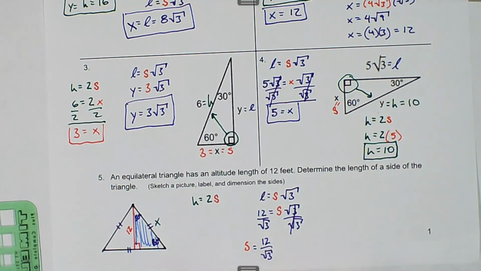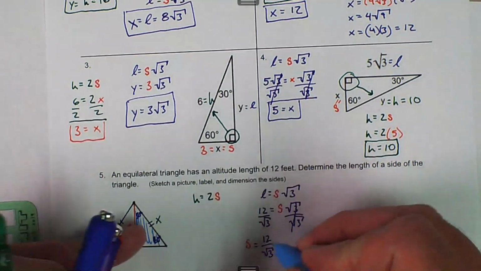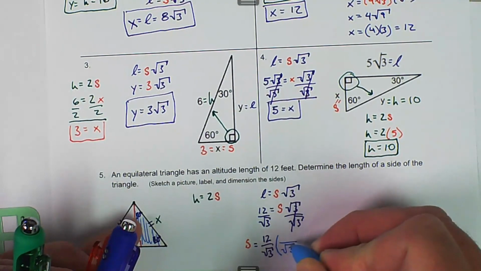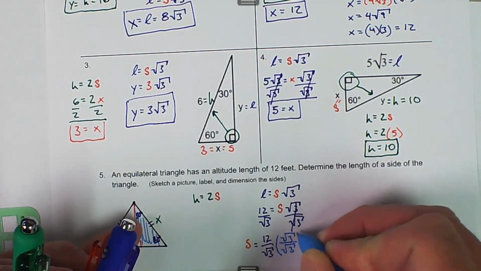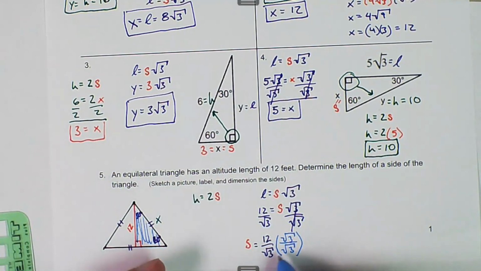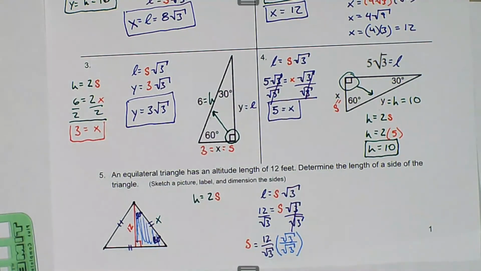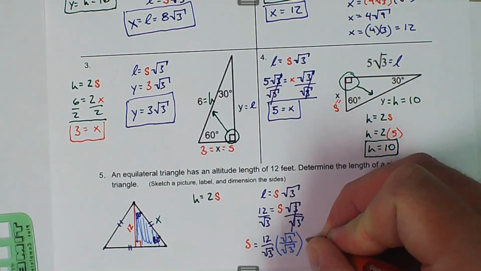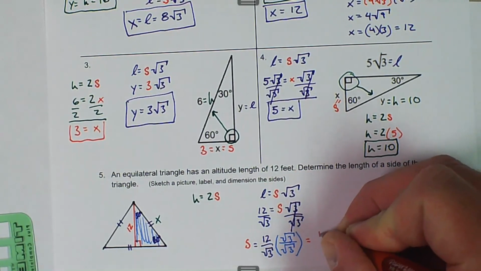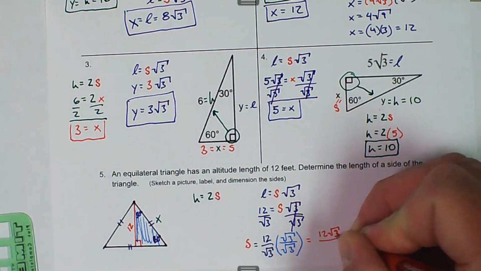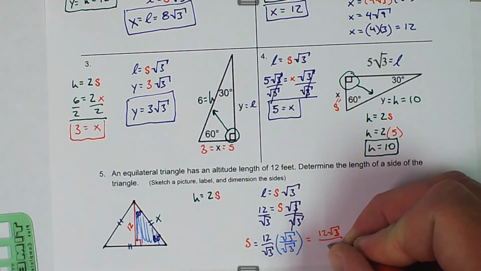We don't like the square root of 3 in the denominator, so we're going to multiply by the square root of 3 over the square root of 3. That's like multiplying by 1, but the nice thing is the denominator drops the radical, and so we are going to be left with 12 times the square root of 3 over 3.